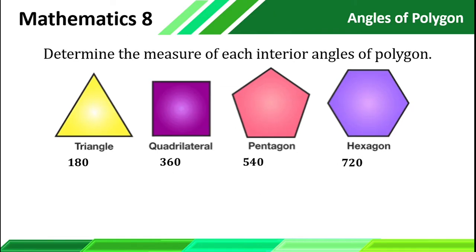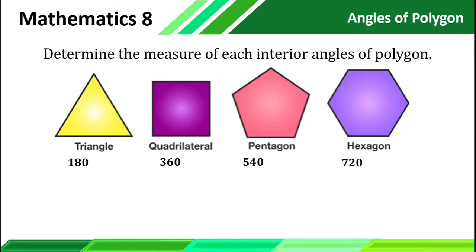Now let's determine the measure of each interior angle of a polygon. Earlier we found out that the sums of the interior angles of the polygons are the following. For a triangle, 180, for a quadrilateral, 360, for a pentagon, 540, and for a hexagon, 720.